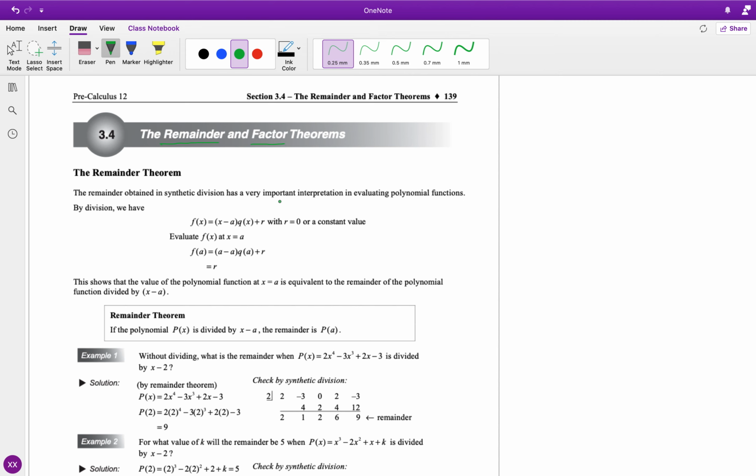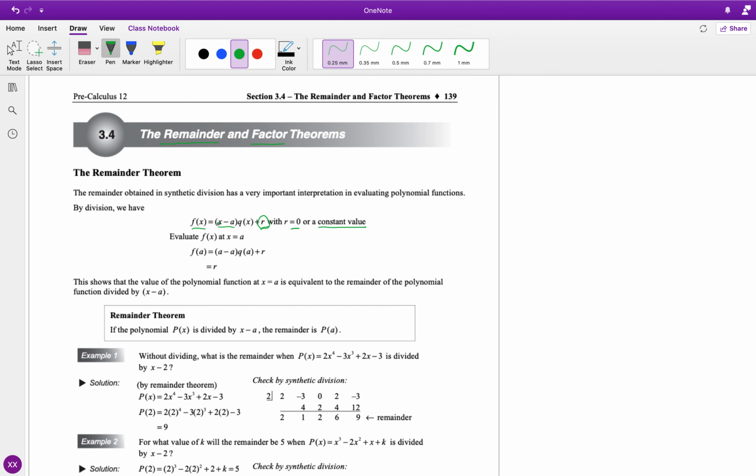So first of all, in the last section, we already know that f(x) is the dividend, if that is divided by this divisor, then this would be the quotient, and this is the remainder. Now you must have noticed this remainder is either 0 or just a constant value.